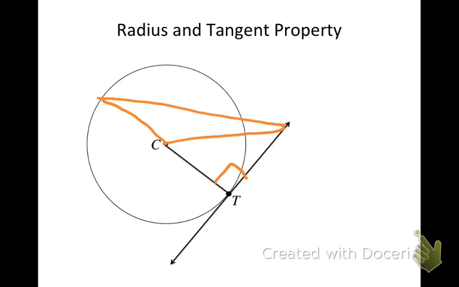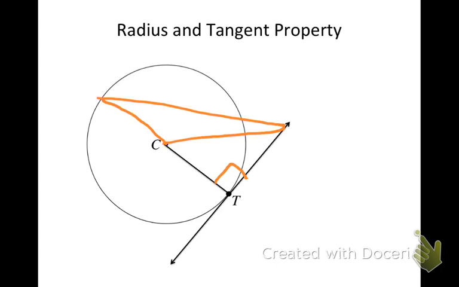Lots of good right triangle problems you can make with this property. But anyway, to summarize, if the tangent intersects the radius at the endpoint of the radius, then it's going to be perpendicular. Or anytime you have a segment that is perpendicular to a radius at the endpoint of the radius, that has to be a tangent line right there.